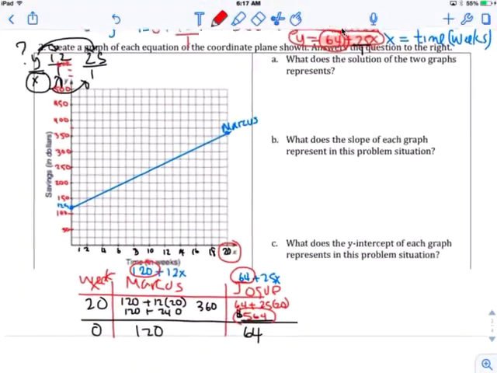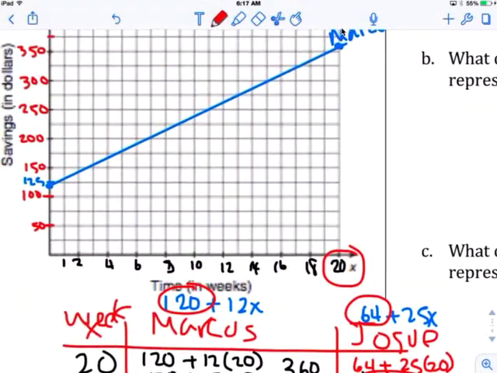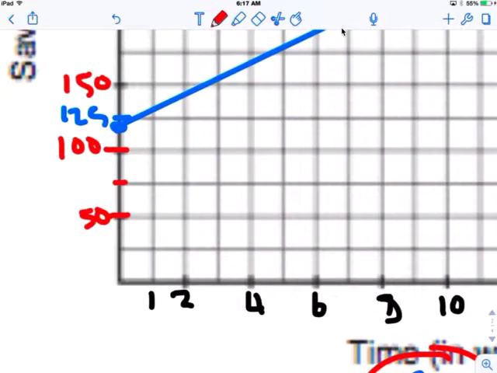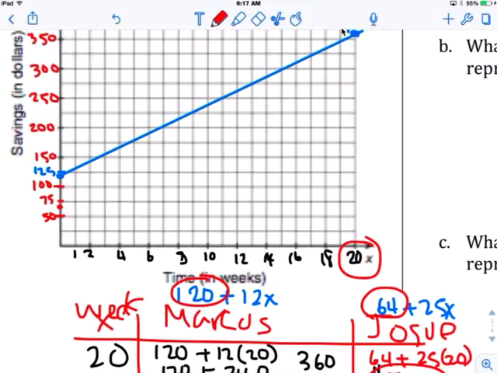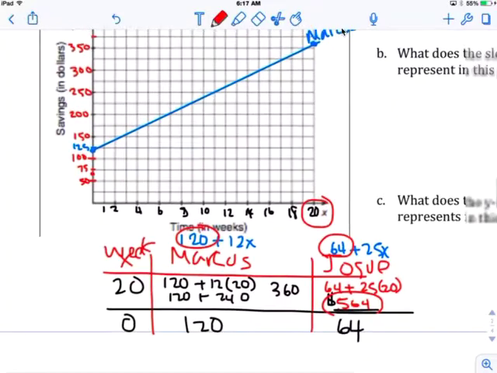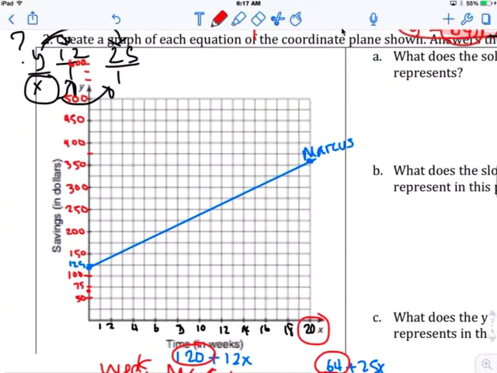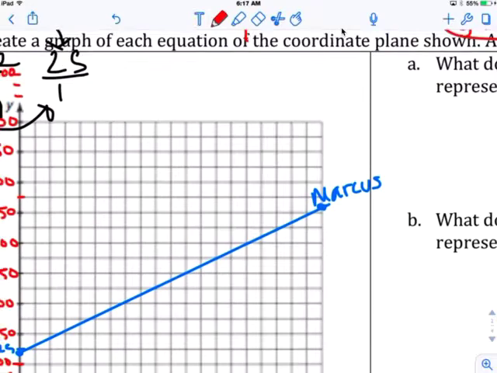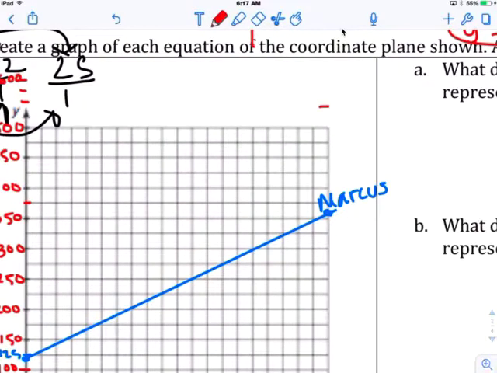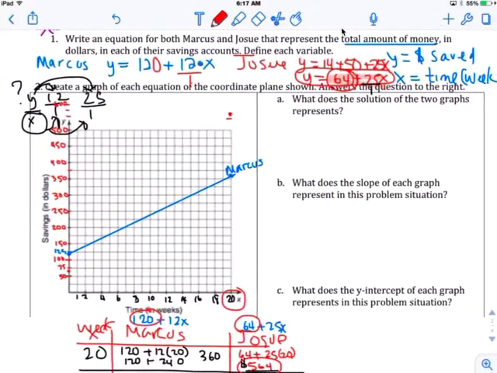Josue starts at $64. 50, here's 75, so 60, 64, somewhere right there. Estimate. And then at 20, it's 560 something. 550 is right here, 560, somewhere up there.